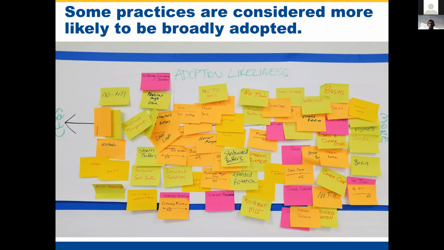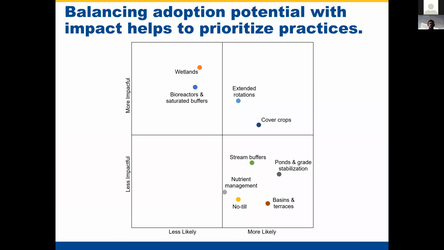And some practices are considered more likely to be broadly adopted. So this is kind of an obvious statement, but we know that based on the history of people focusing on sediment reduction, losses, and erosion reduction, it's different than looking at nutrient losses. And so this is how we did that, using that prioritization and the likelihood of adoption.